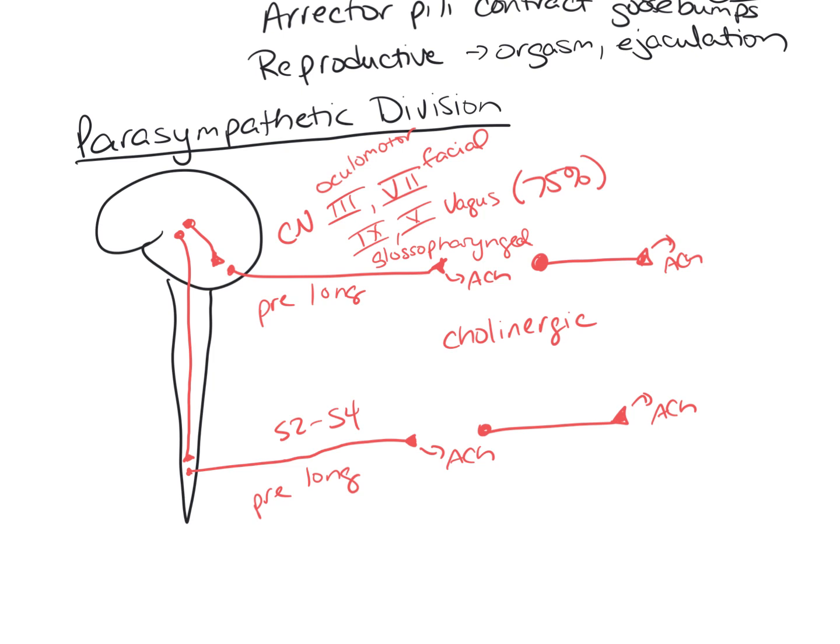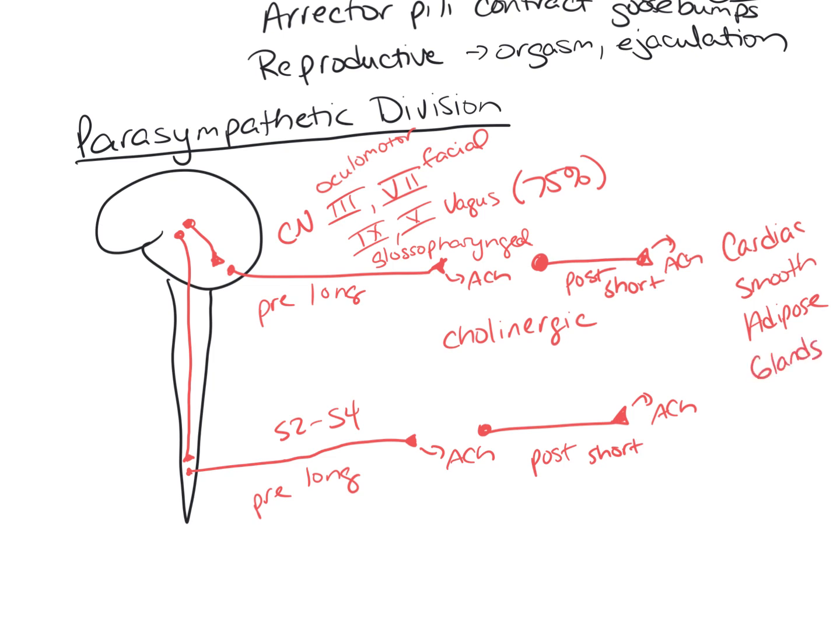The other thing is that the postganglionic neurons in the parasympathetic division are short. Most of the time, they're either on the effector or very, very close to the effector. The effectors for the parasympathetic division are going to be the cardiac muscle, smooth muscle, adipose tissue, and glands.